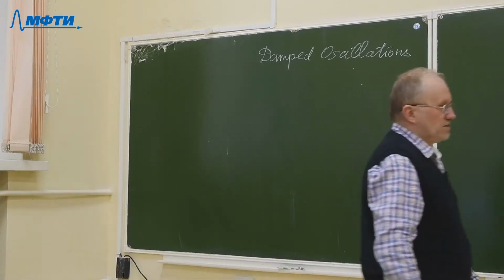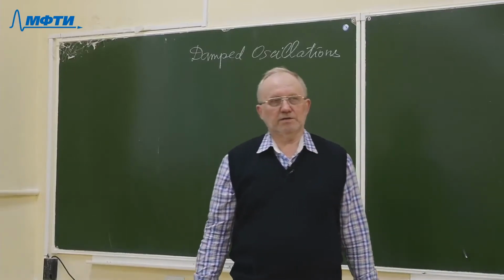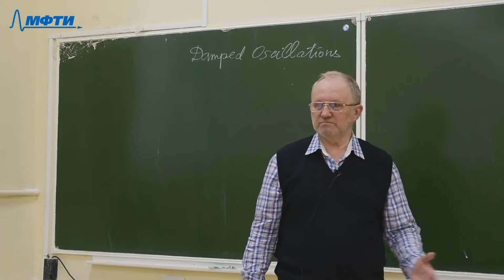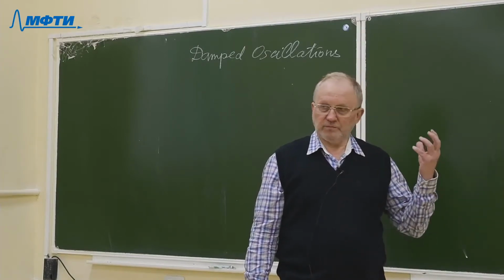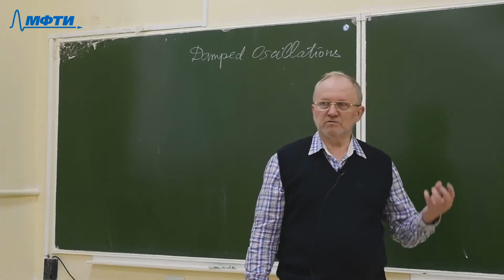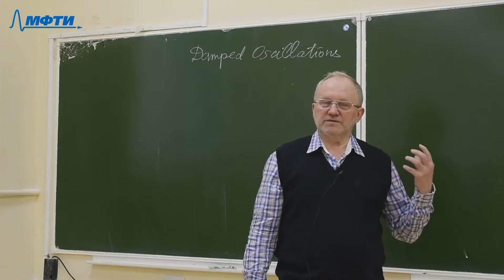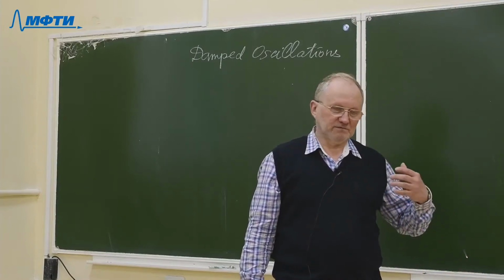Well, you remember when I demonstrated oscillatory motion like that of a mathematical pendulum or spring pendulum, when a body was oscillating on a spring. You remember that these oscillations did not continue forever. They faded and they decayed.